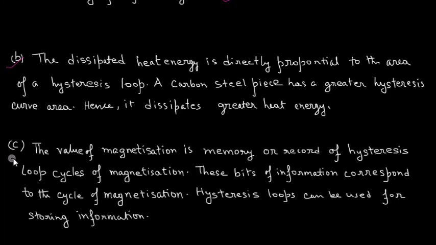So answer to the problem C: the value of magnetization is a memory or record of the hysteresis loop cycle of magnetization. These bits of information correspond to the cycle of magnetization. Hysteresis loop can be used for storing information. Let us see the next question.